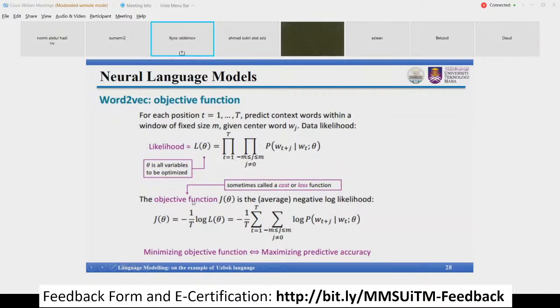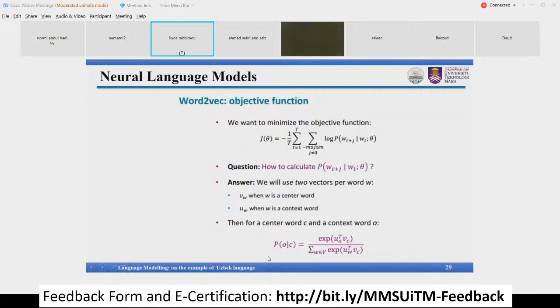The objective function, this function is also called a loss function or cost function, J is a negative log likelihood, like this. The word vector's main goal is minimizing the objective function or maximizing predictive accuracy. We want to minimize this objective function.